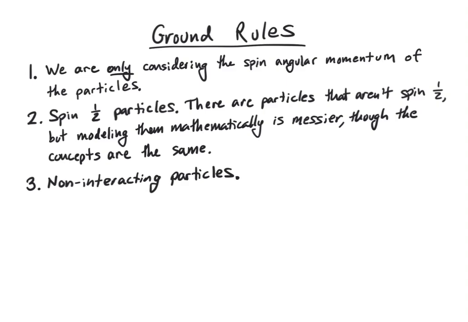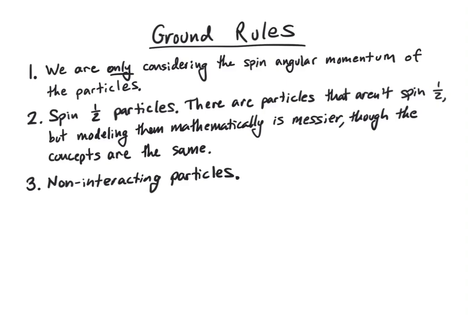The second is that accounting for interactions like the electric forces between two charges like electrons makes things substantially more challenging, and it's not a great place to start learning things. So we're going to stick with these three basic rules. Again, we're only talking about the spin of spin 1/2 particles, and we are ignoring any kind of interaction between the particles. So they're not pushing or pulling on each other or anything like that.